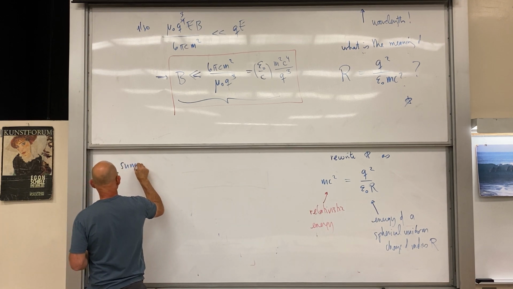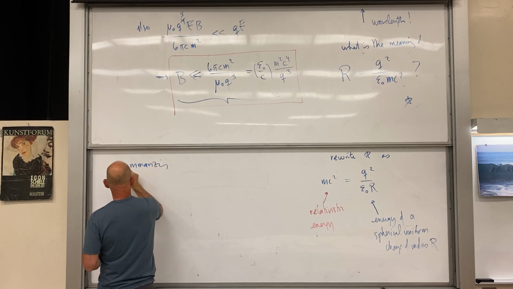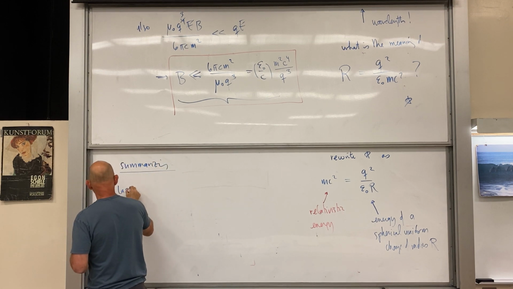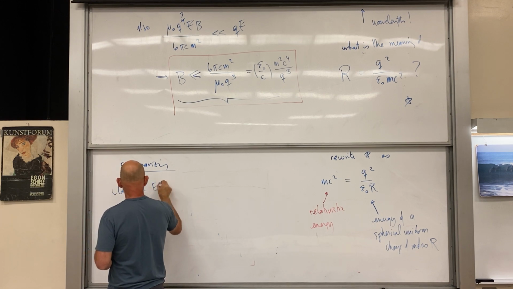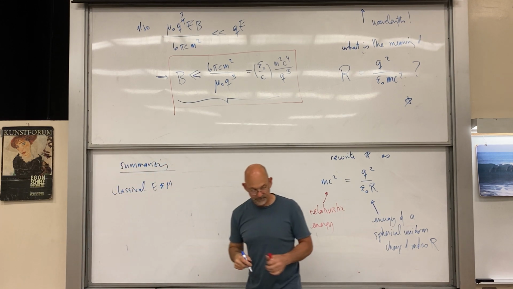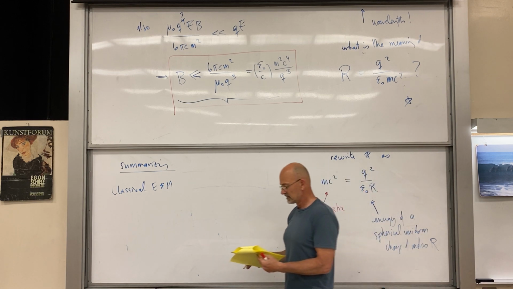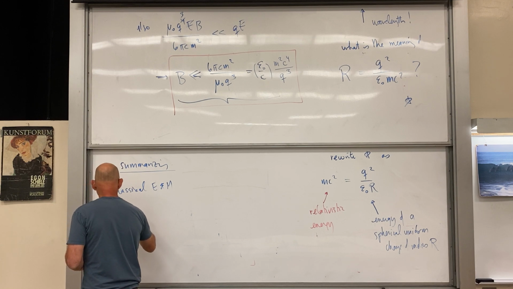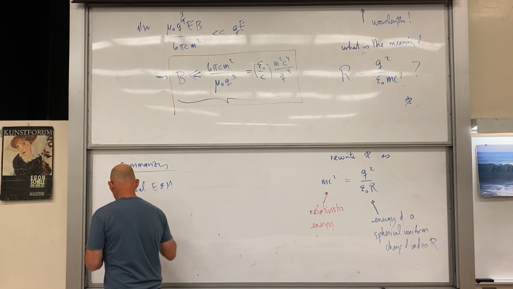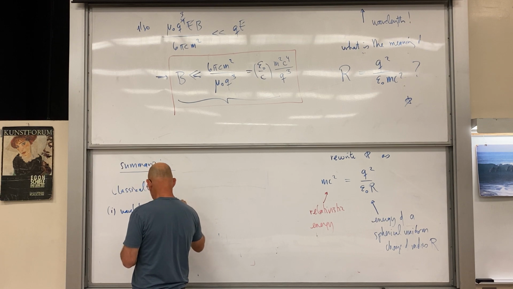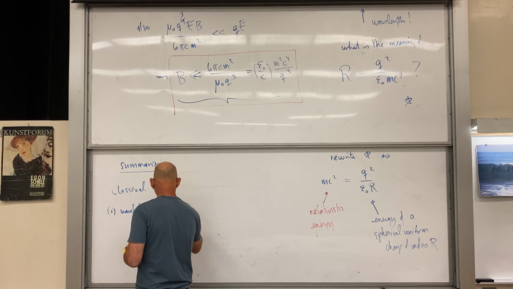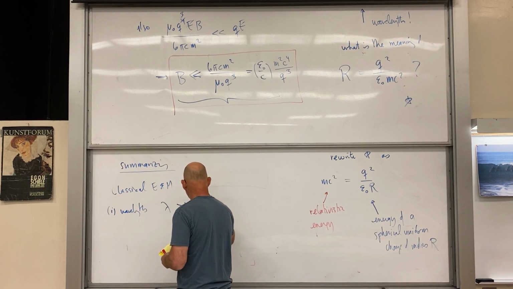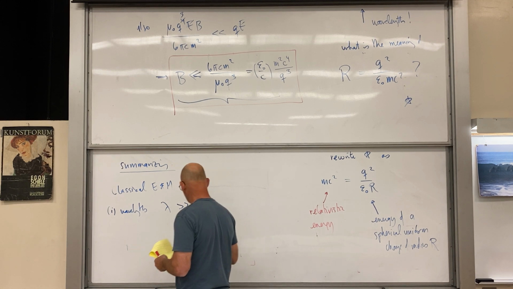Summarizing. Classical E&M. Wavelengths, lambda, have to be much greater than Q squared over epsilon naught MC squared.